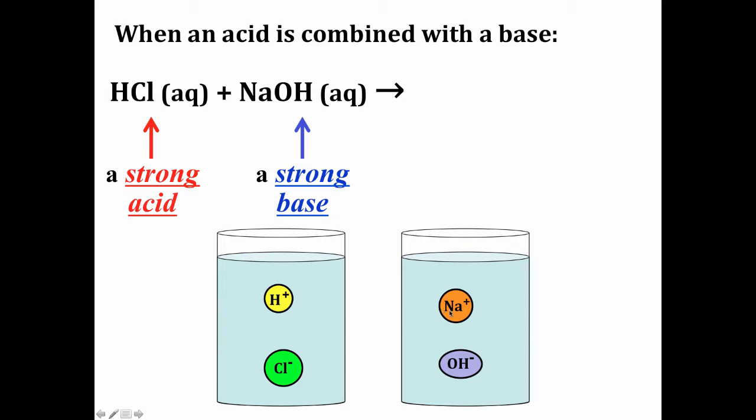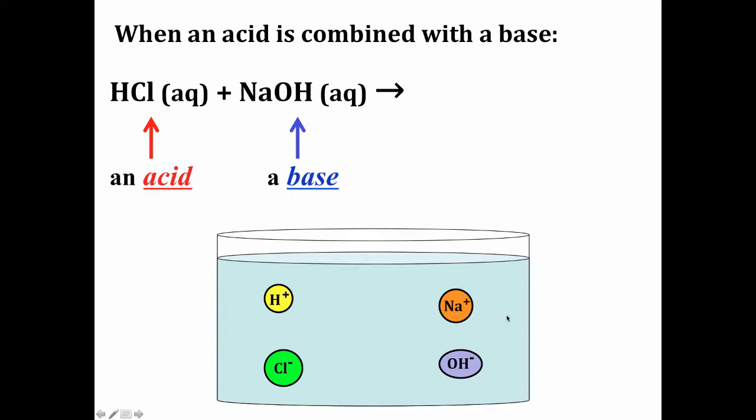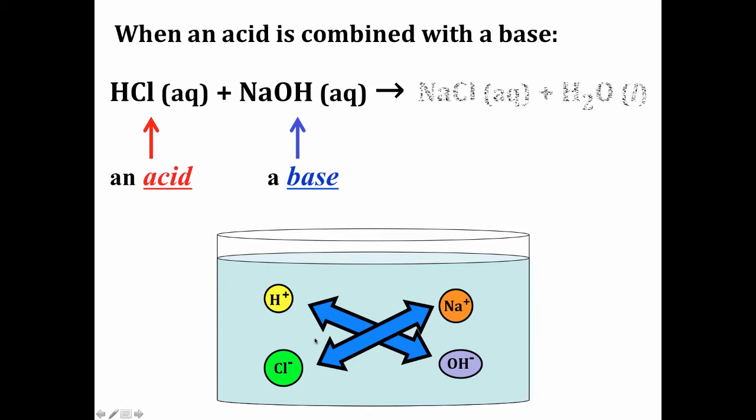And as we saw with precipitation, when those are combined in one container, the possibility exists for the positive and negative ions in solution to swap partners. And so the H+ from the acid could combine with the OH- from the base, and the Na+ from the base could combine with the Cl- from the acid, and potentially make NaCl and H2O.